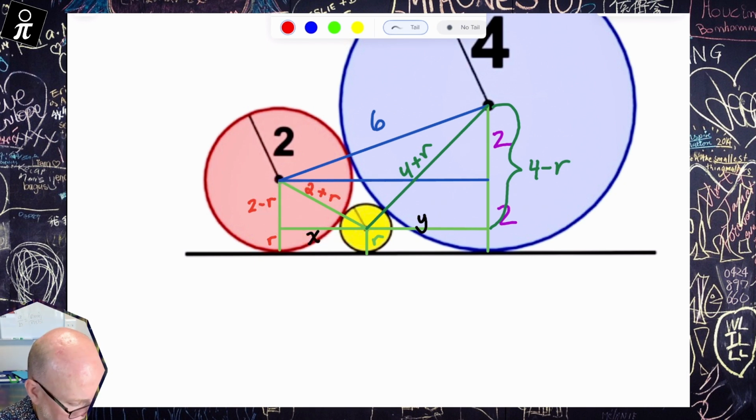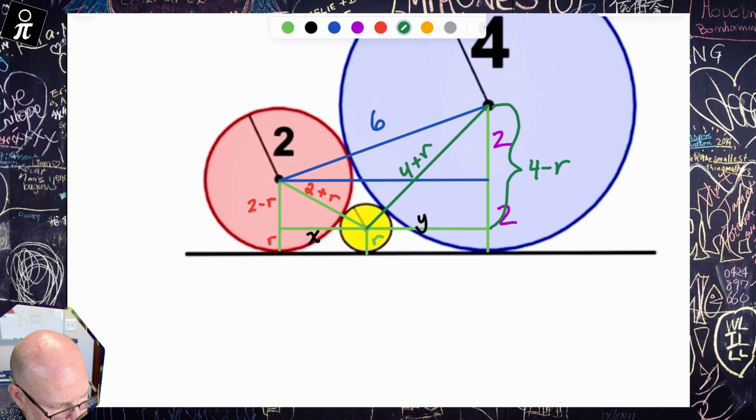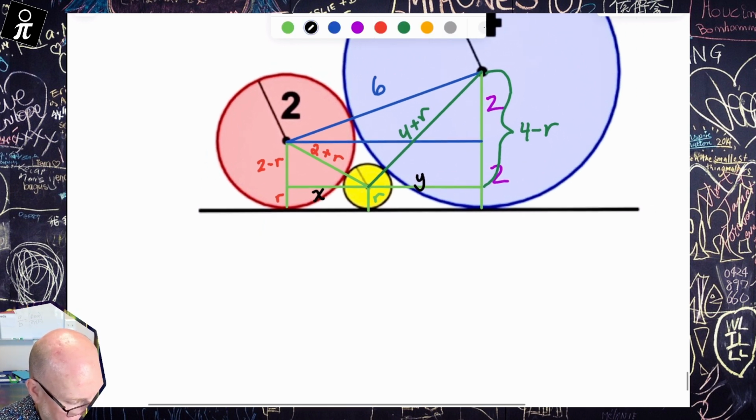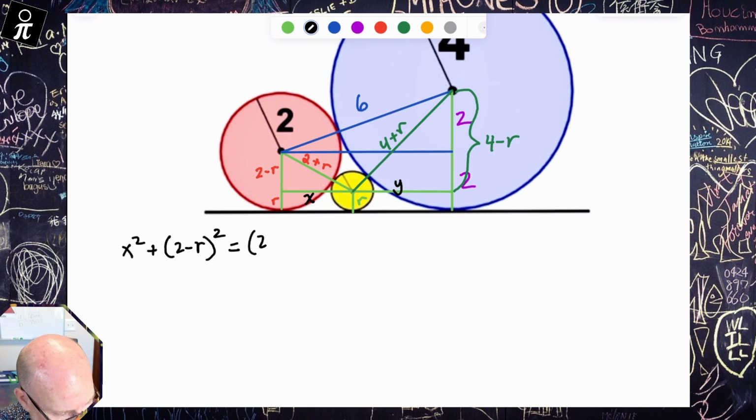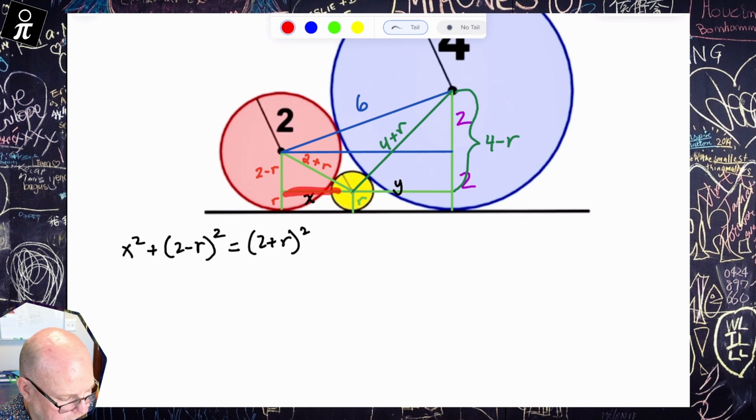We've got x squared plus (2 minus r) squared equal to (2 plus r) squared. This is the x, this is the 2 minus r, and here's the hypotenuse, 2 plus r.